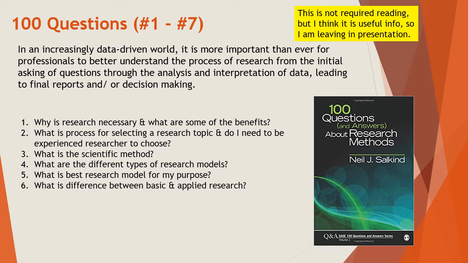What are the different types of research models? There's basically two, experimental and non-experimental. Experimental is when you create something and you actually manipulate something to change it to see the effects. Maybe you remove food from a test subject and see if they get angry.